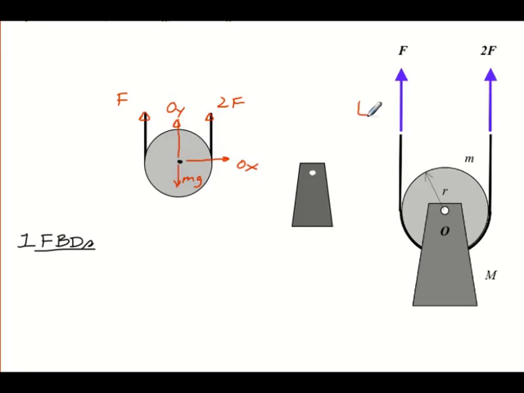My x is going to be to the right, y is going to be up. So when we draw the forces on the load, equal and opposite there of Ox and Oy like this, we're going to have a weight force there of capital Mg on the load.